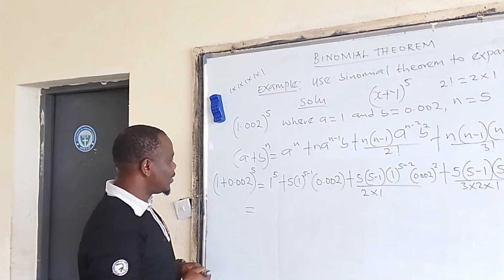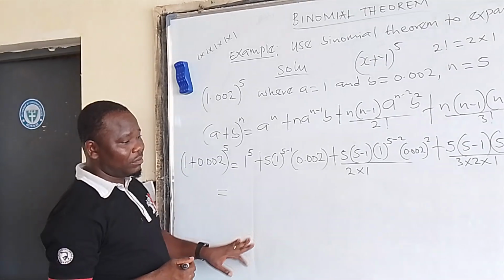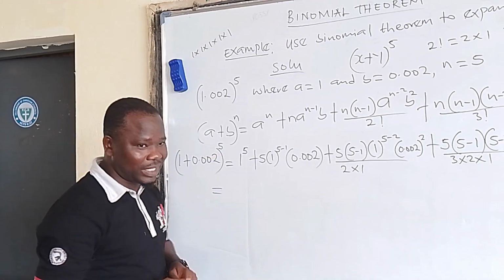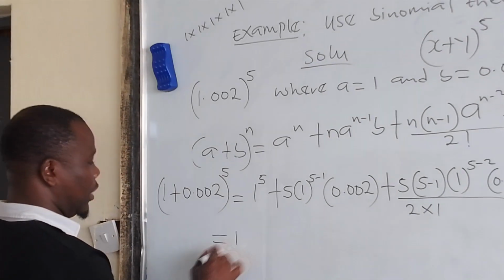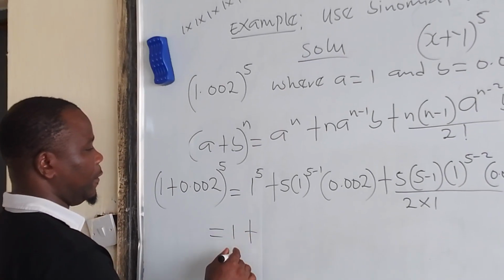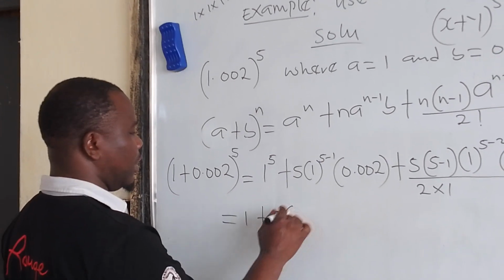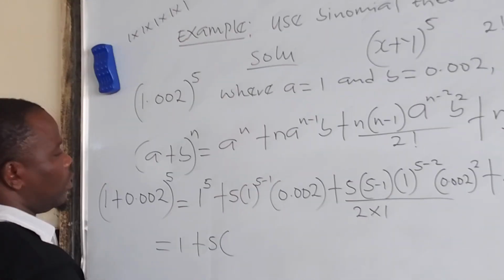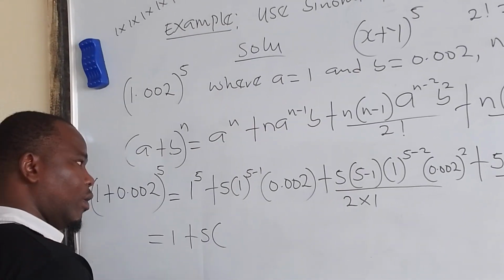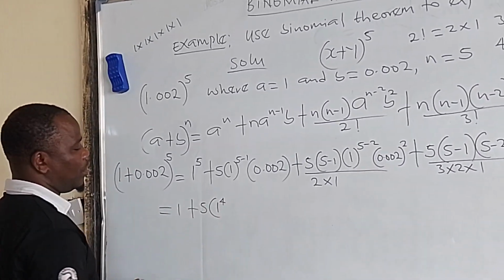True or false? So I'm breaking it down so that the people will understand. Right, clear? So 1 here will be 1, plus here we are going to have 5 times 5 minus 1, which is what? 4. True or false? So 1 raised to the power of 4.